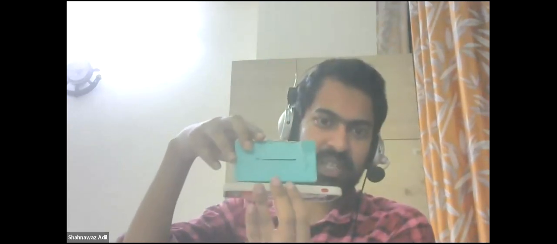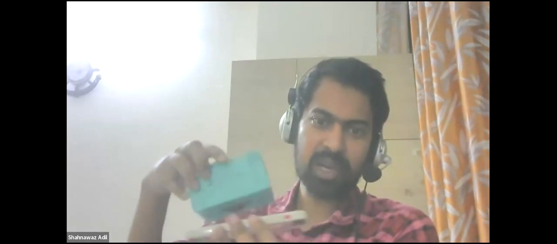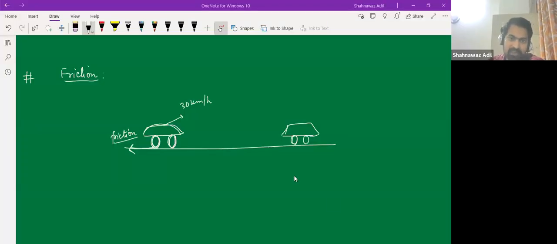Similarly, if I put the object this way and move it in this direction, this surface will apply the opposing force in this direction. So depending upon the relative motion of the object, the other solid surface will apply an opposing force, and that we call the frictional force, right, guys?